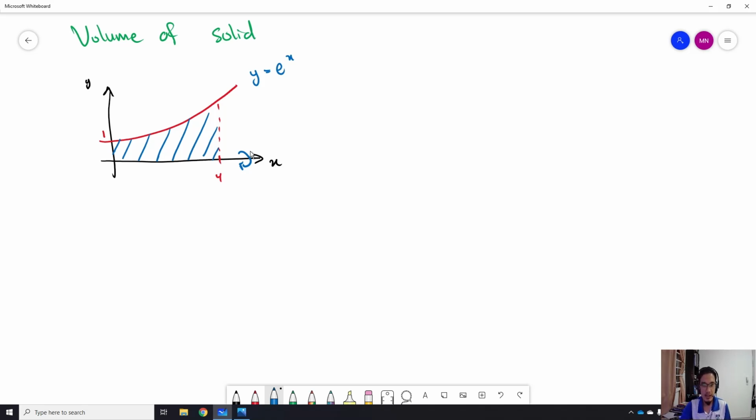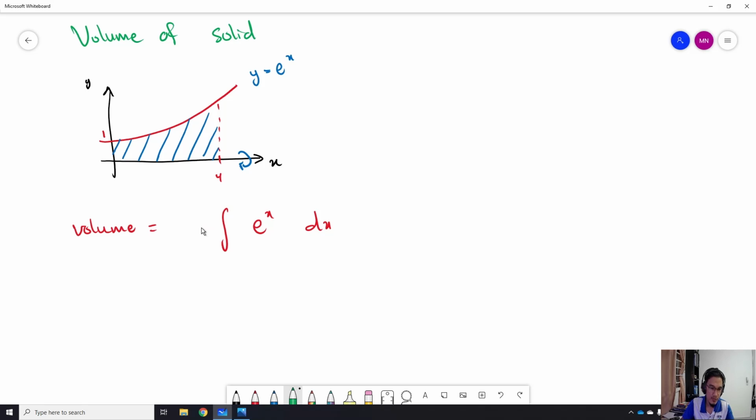Okay, so in order to find the volume, we take the integration of our function just like usual, that is e to the x dx. So e to the x is the equation of the function. In order to find the volume, we have to add a few components into our integration.